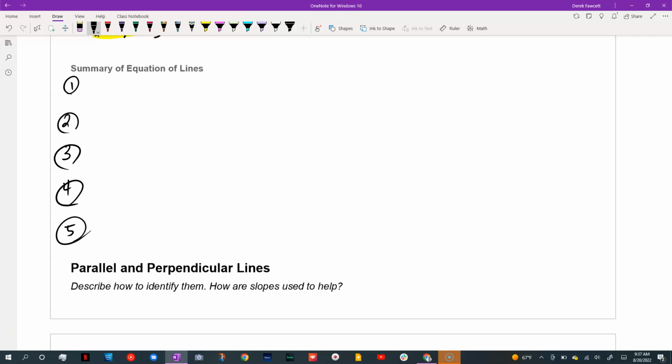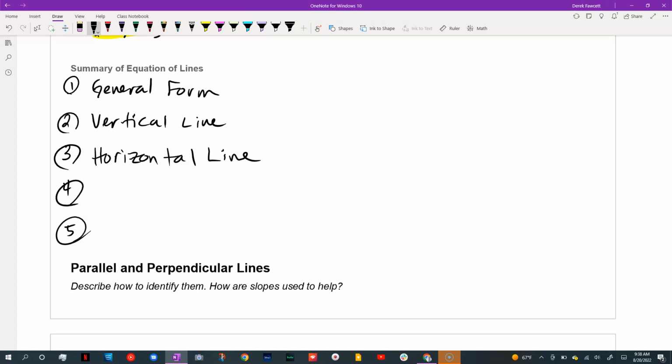There's the general form, vertical and horizontal lines, so vertical and horizontal. There's also, as we talked about in this set of notes, the point slope and the slope intercept.